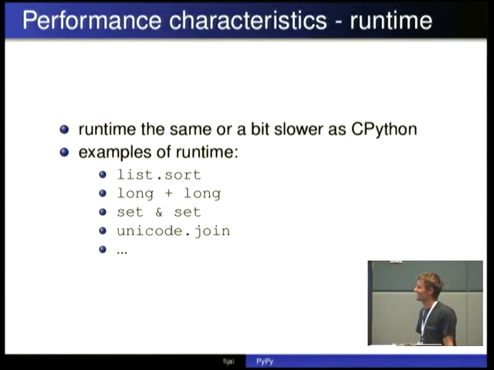Well, it's true. Maybe a word of warning: the cases where we won't speed up stuff at all by JITting are cases where you spend a significant amount of time in the runtime. Those are examples like long addition or set intersection, where in CPython the entire thing is written in C. It's not even quite true for set intersection because you need to compare Python objects.